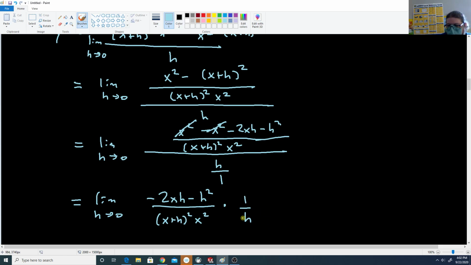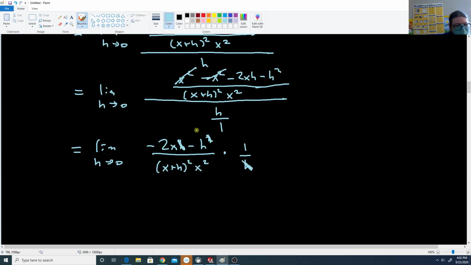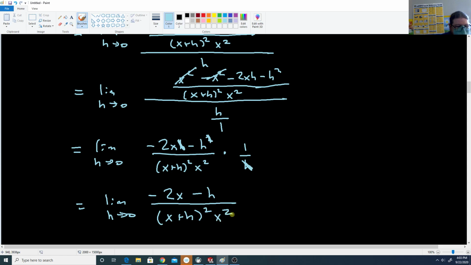So h is now in the bottom. Both of these top terms here have at least one h in them, so I can cancel this h with that h. And then I get the limit as h approaches 0 of negative 2x minus h, all that over x plus h squared times x squared.